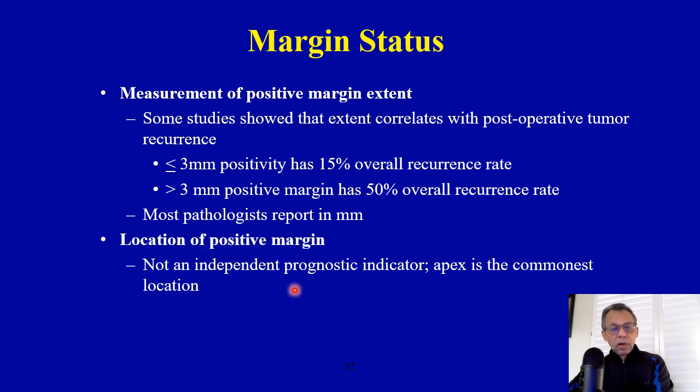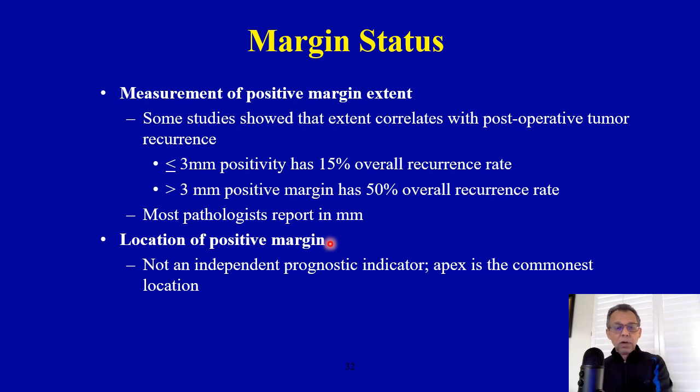Also, it is a good idea to provide the positive margin rate, and as much as you can, provide the location of your dominant nodule and the location of the positive margin. Radiologists are correlating quite well with their particular imaging modalities.